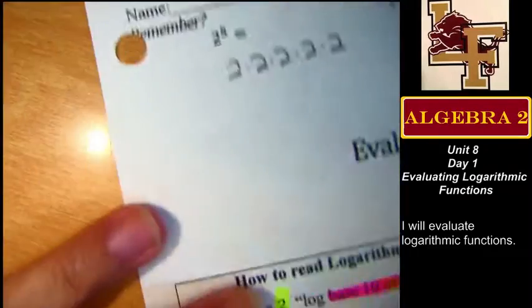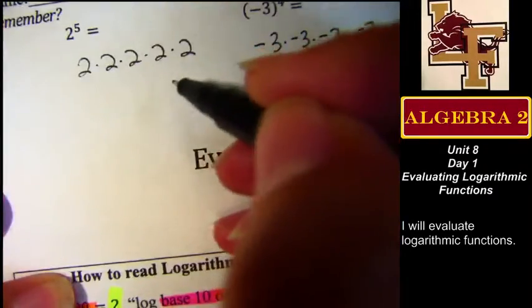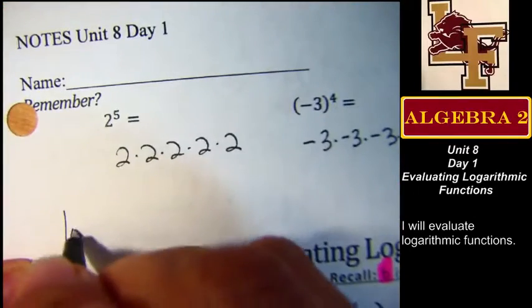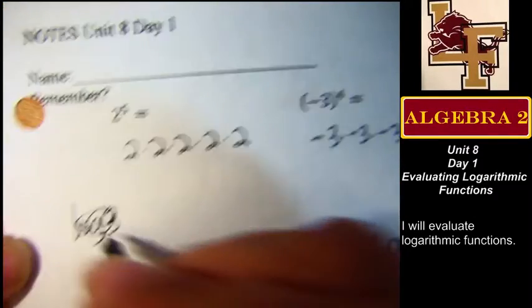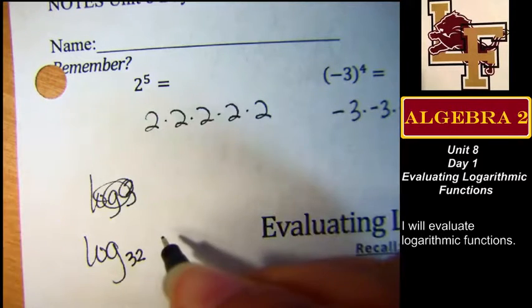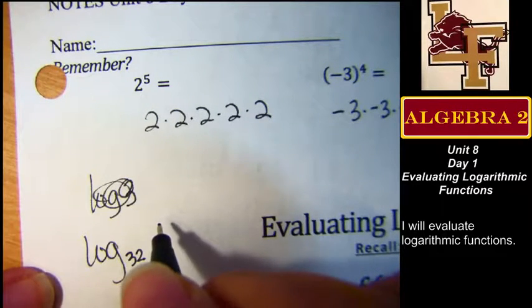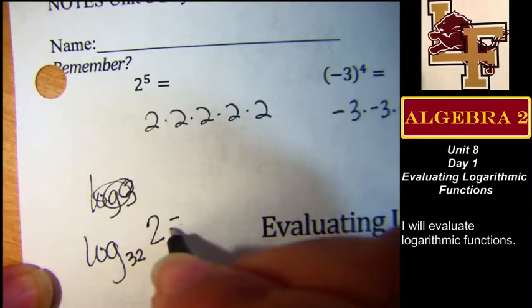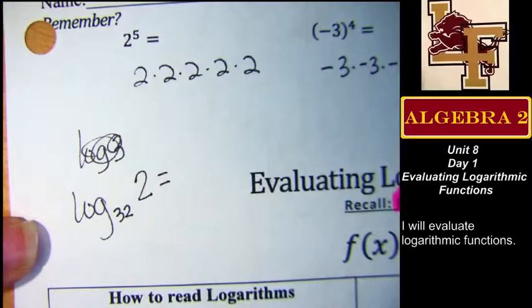Okay, so I'm going to come up here and grab this example because we've already done this one. So I'm going to do log base 32 of 2 equals something.